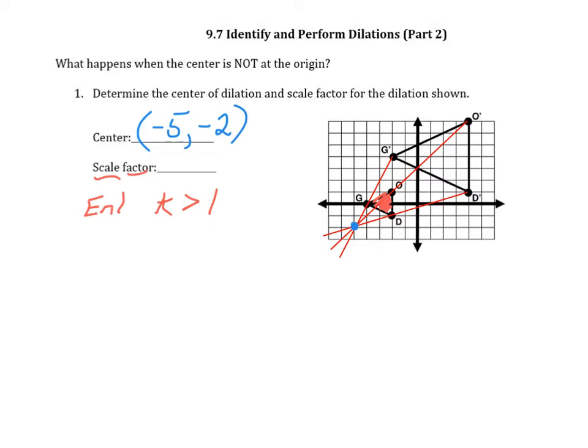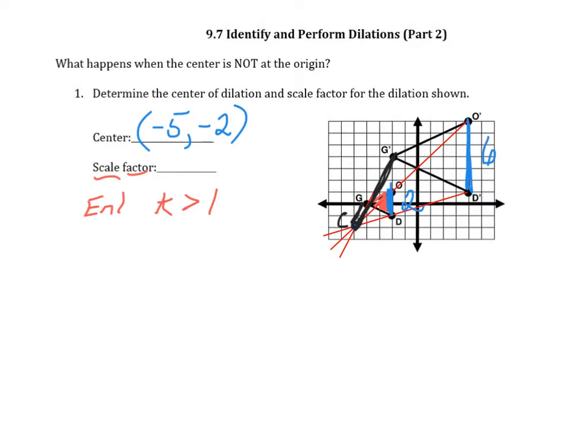One way to do it is to compare how far the center is from your points. How far is it from the center to G, and how far is it from the center to G prime? Unfortunately, we're dealing with diagonals there, so it might be easier to compare these vertical sides, because I can easily see that DO is 2 units, and that D prime O prime is actually 6 units.